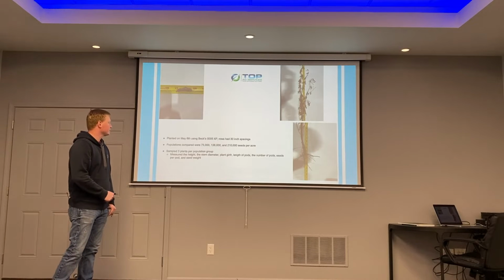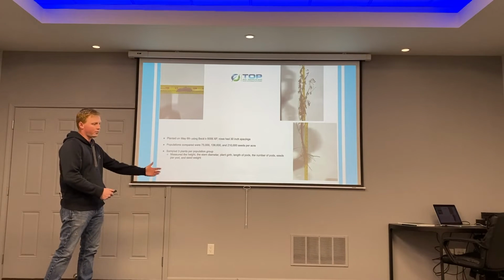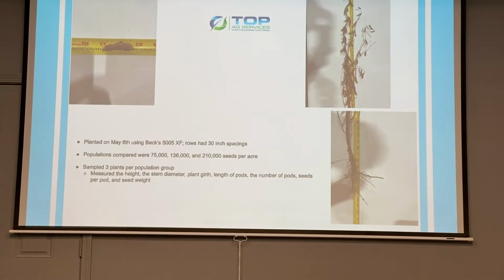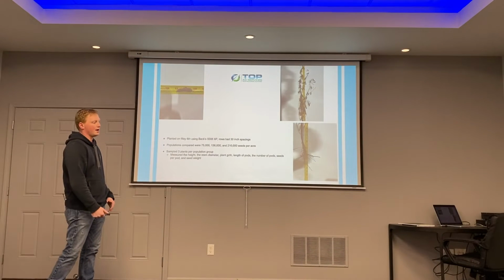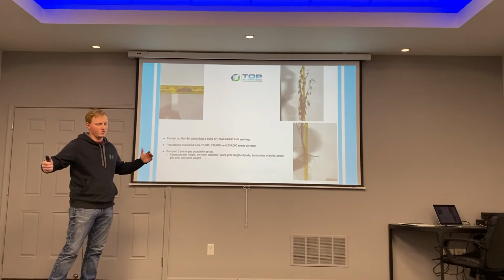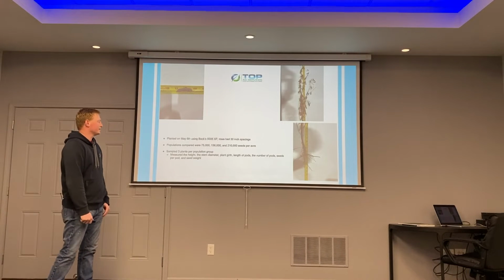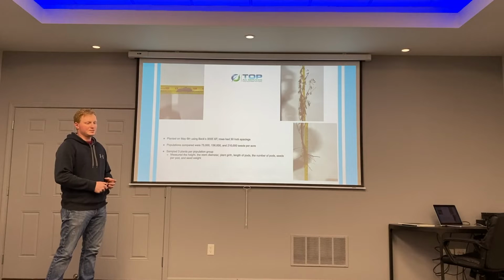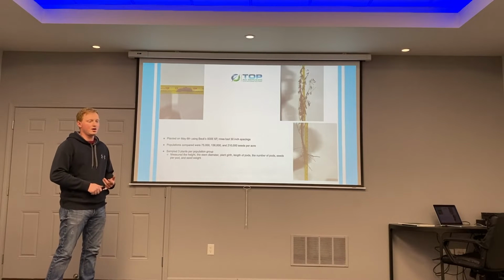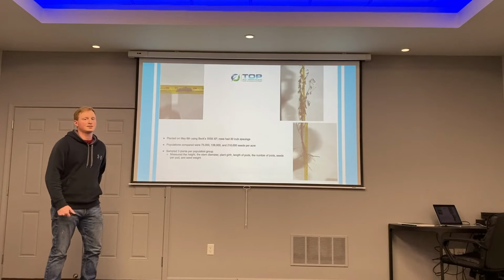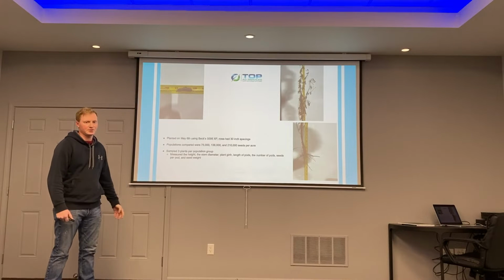But we took it to yield, and for this part of the project we used 3 different populations. We used 75,000, 136,000, and 210,000, and pulled 3 plants per population group and measured the height, the plant girth, the width of it, the stem diameter, length of the pods, the number of pods and seeds per pod, and also the seed weight.